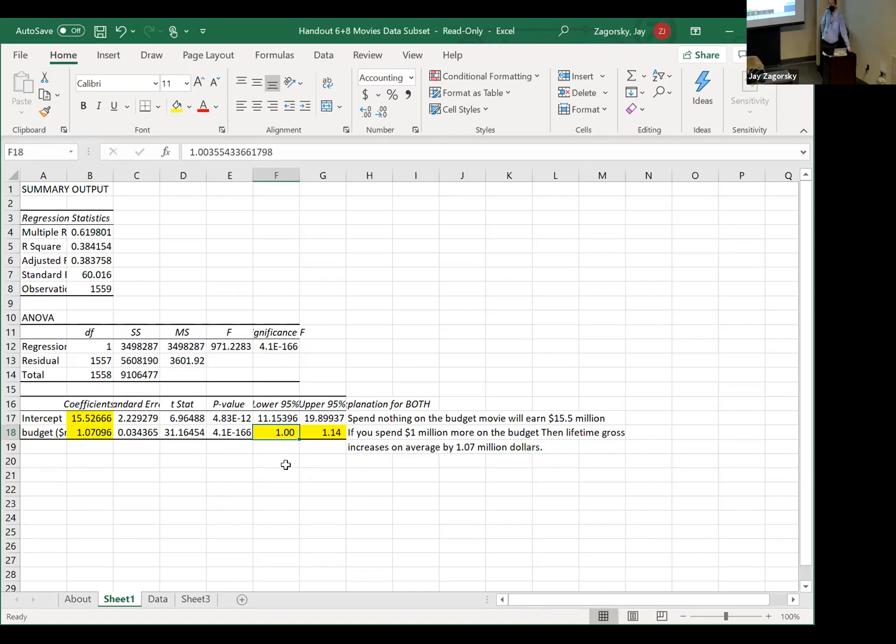There is a chance that we're not going to get any extra payback. Does that make sense? Because the 95% range means, while 1.07 is our best guess, there's uncertainty associated with that 1.07. It could be much bigger.